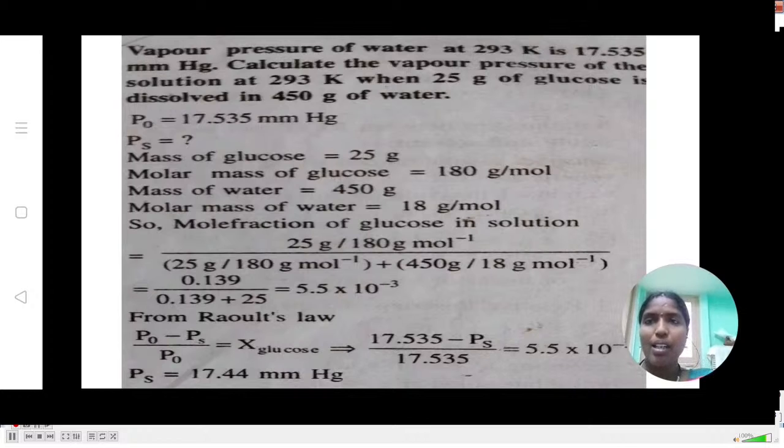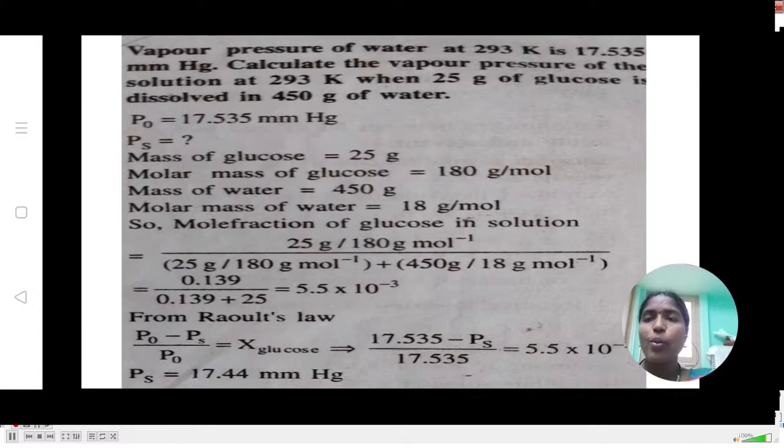Let us see. The vapor pressure of water at 293 kelvins is 17.535 mm of Hg. Glucose weight is 25 grams, dissolved in 450 grams of water. So these are the data.